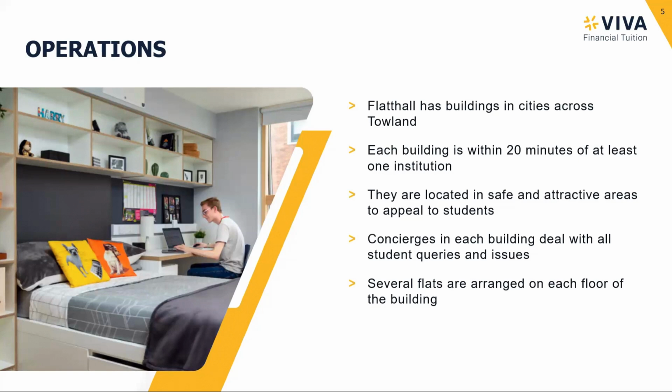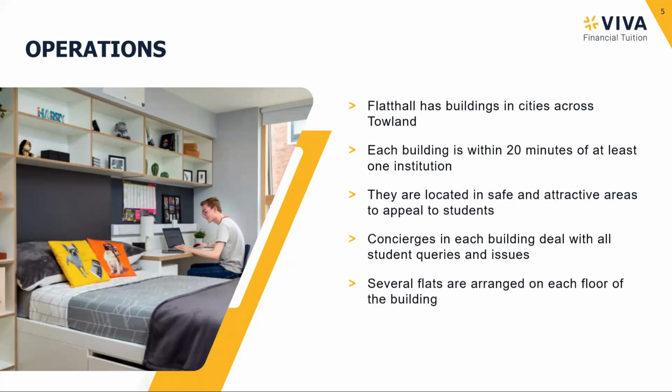So it's a very specific and clear layout that most of Flathall's buildings seem to follow, and that actually makes it a lot easier when it comes to things like equipping those rooms and equipping the kitchens, and also cleaning and refurbishing them. They've got a standard model, a standard approach.